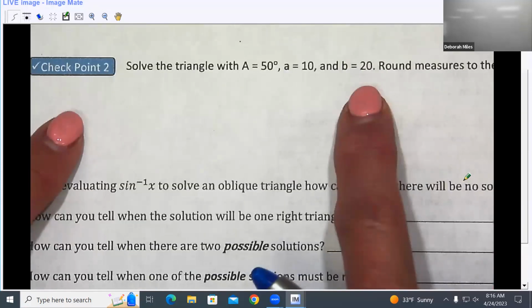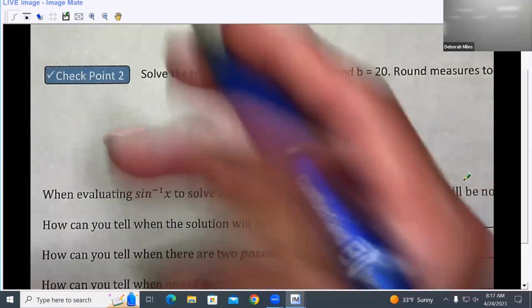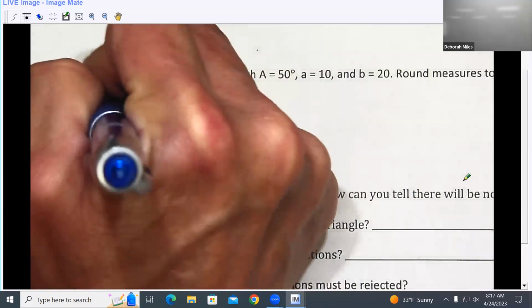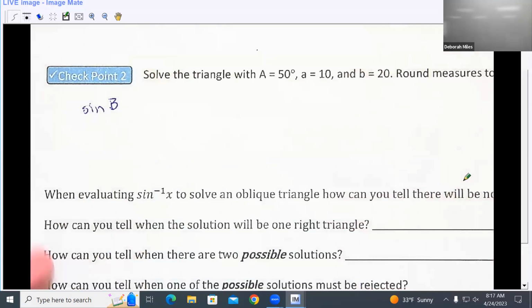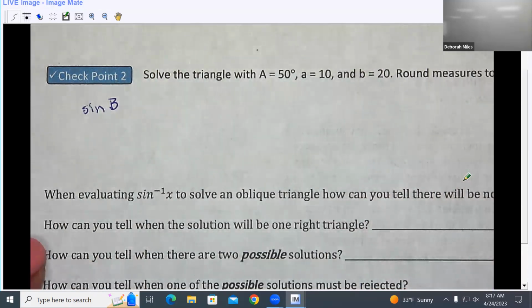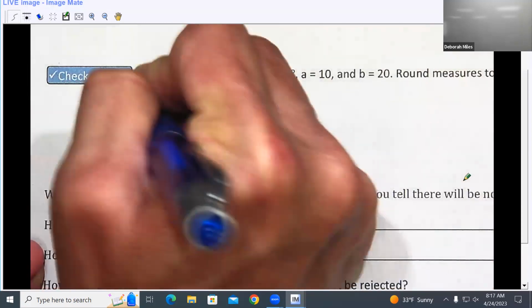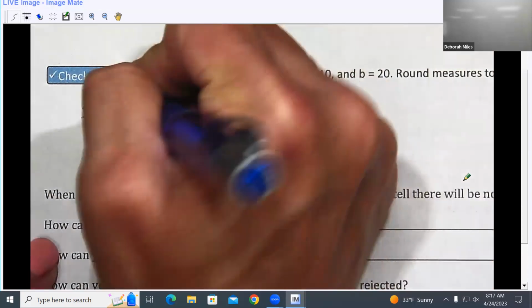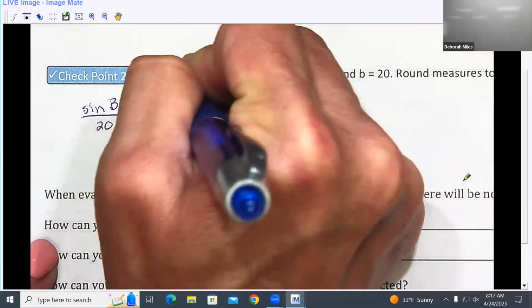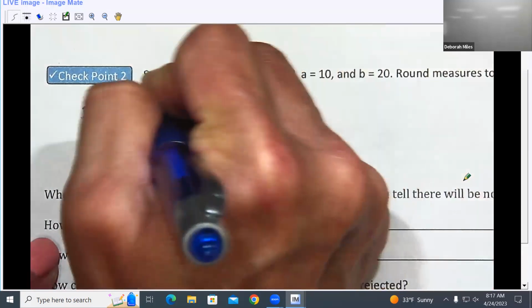In this one, since I'm looking for angle B, I'm going to put sine B in the numerator. And that ratio would be sine B over 20 equals sine of 50 degrees over 10.